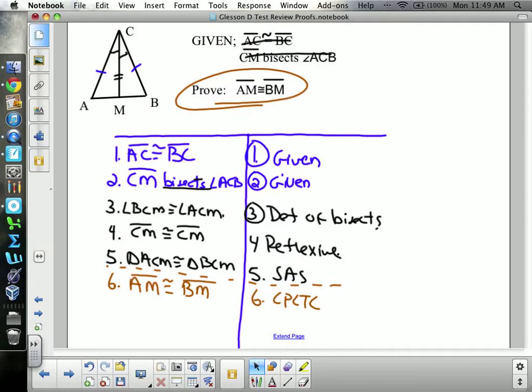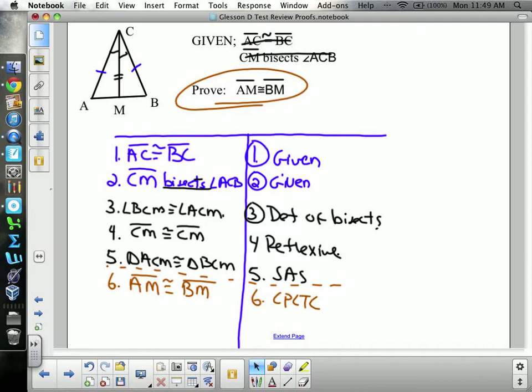Congruent triangles have to be one of our shortcuts, SAS, ASA, whatever. We can't use CPCTC to prove congruent triangles. It's only after. I could use it for congruent sides or angles, because it says parts. Parts could be sides or angles, but only afterwards.